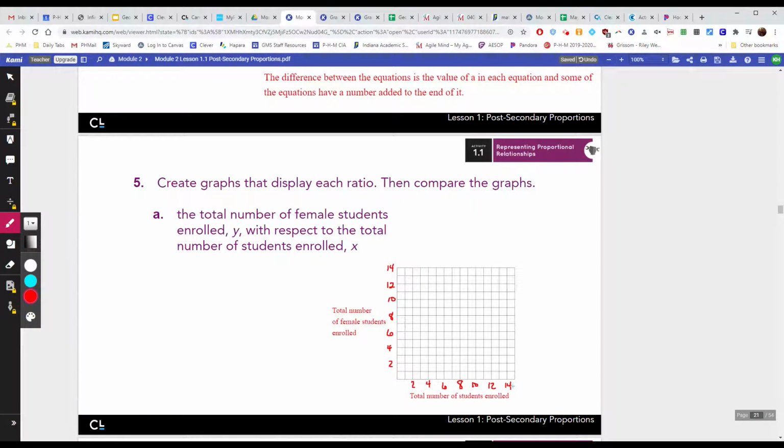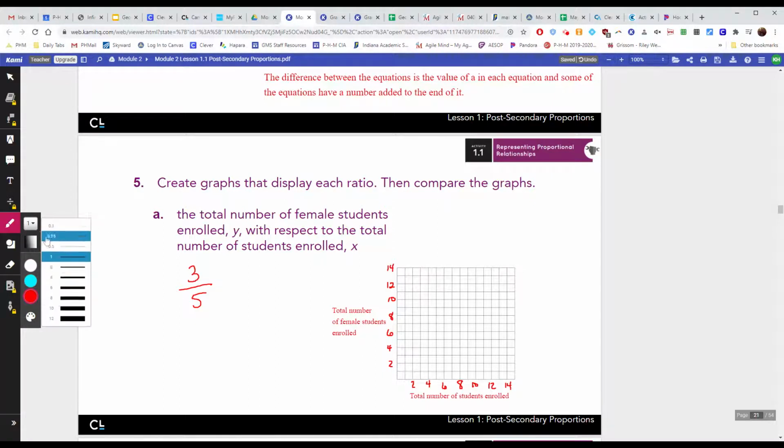All right. So here we go. Let's graph this relationship. Total number of female students to total number of students. So female to total number of students, we know that was in this ratio, 3 to 5. So for 5 total students, 3 of them were girls.